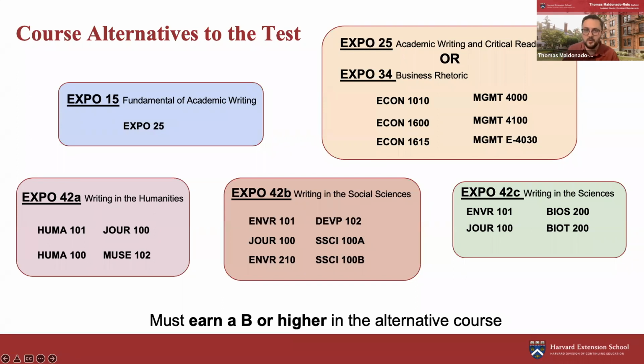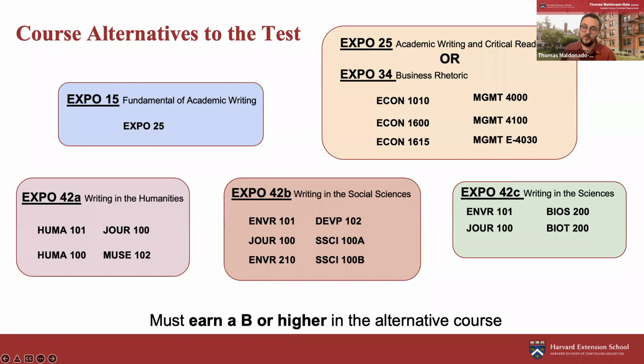So for example, if I'm looking in that bottom left-hand box, I'm really interested in Journalism 100. So I might take Expo 42A, writing in the humanities, instead of having to deal with the CRUISE test at all. You will note here that Expo 25 is unique in that it has a prerequisite course itself, which is Expo 15.